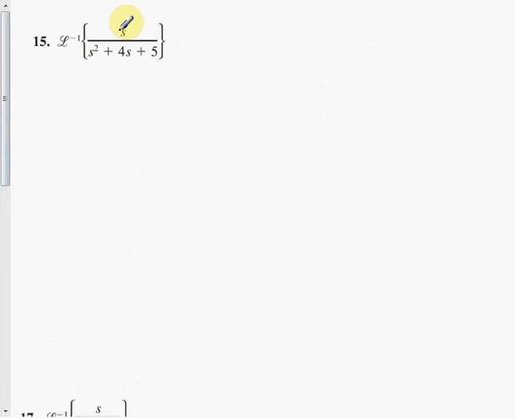So here, we're going to complete the square. I'm just going to go ahead and complete it right here within the Laplace transform. So this is s over s squared plus 4s. Take half of 4, you get 2.